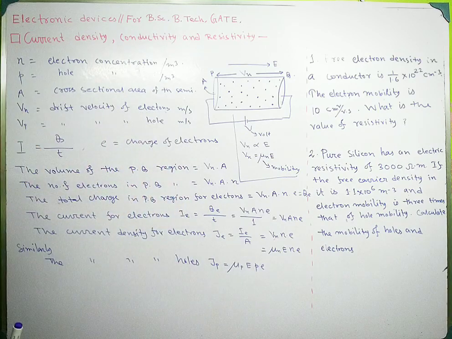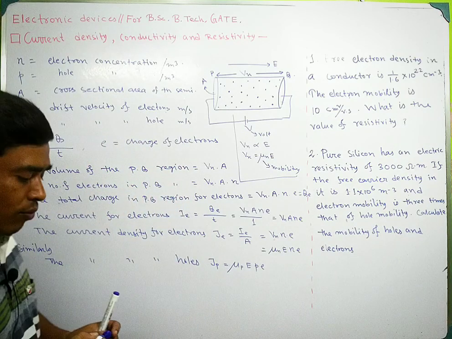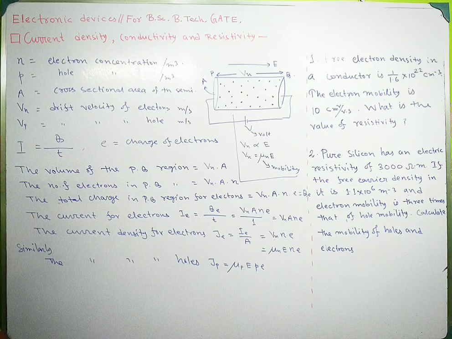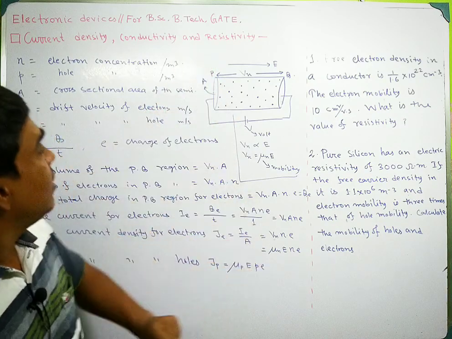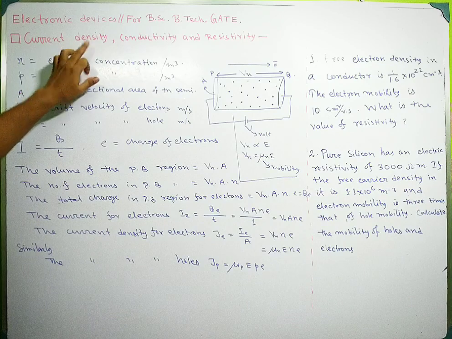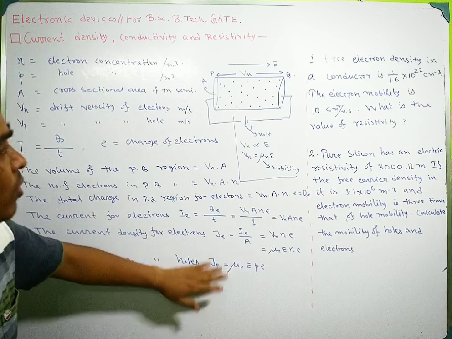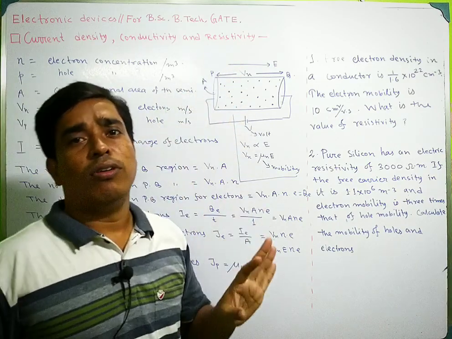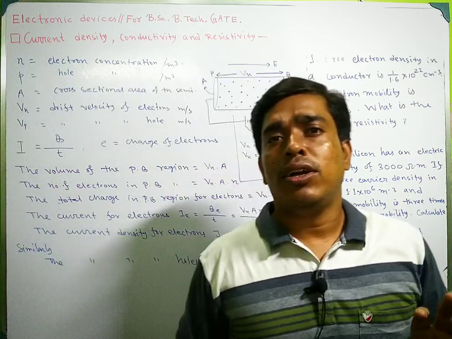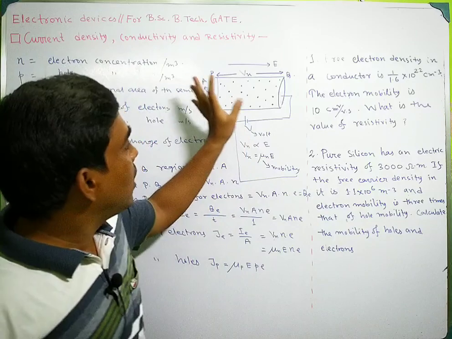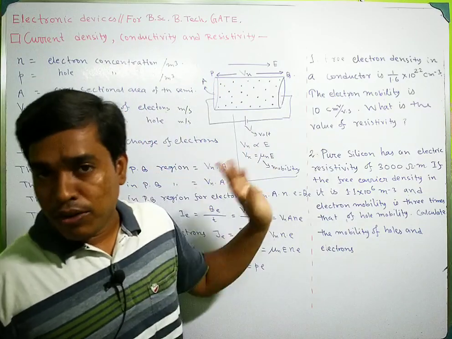This will be the current density for holes. So I have calculated the current density for electrons and the current density for holes. These two charge carriers contribute to the current through this semiconductor.